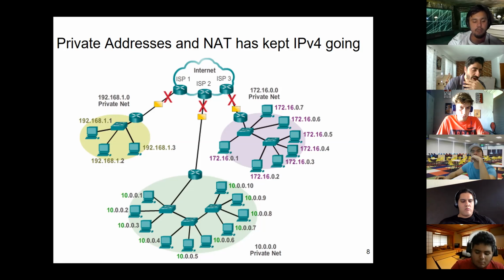You remember we were talking that each device that is connected to the internet should have a unique IP address, right? Sorry? No, I was just telling you that I agree with you.